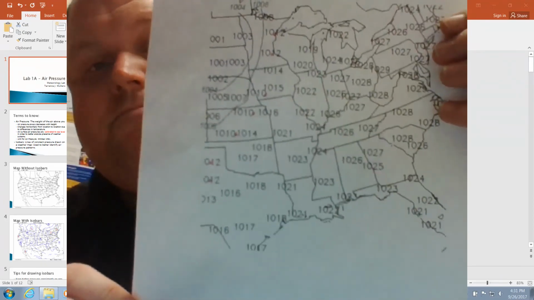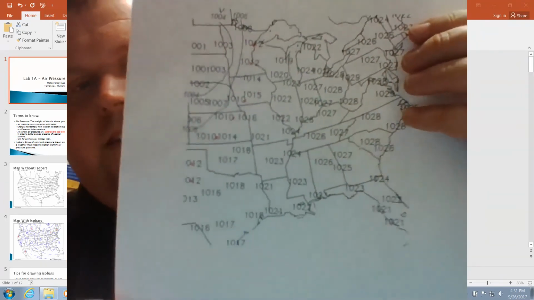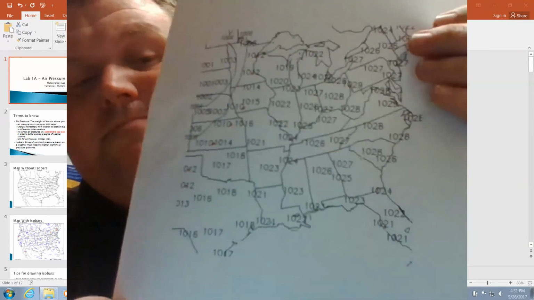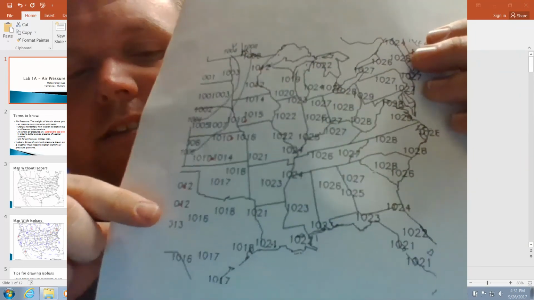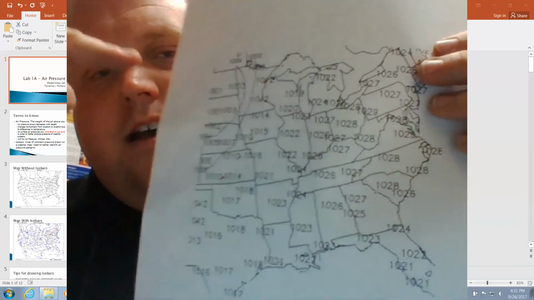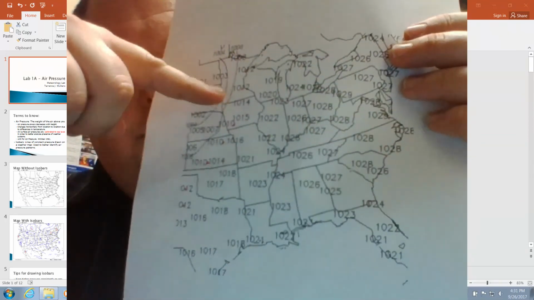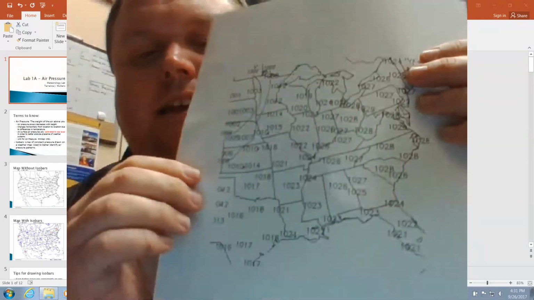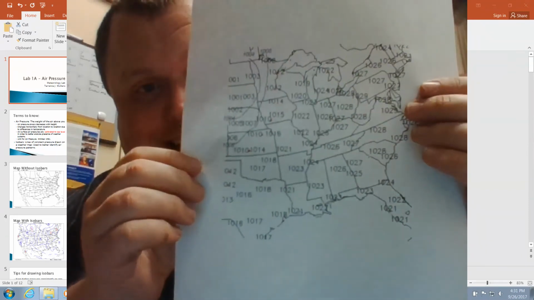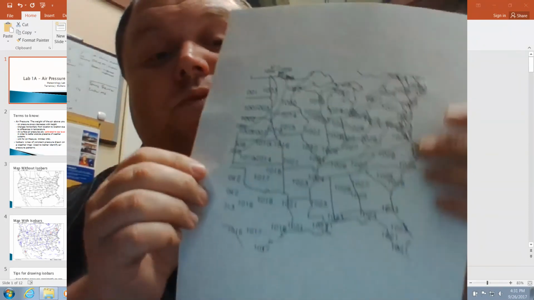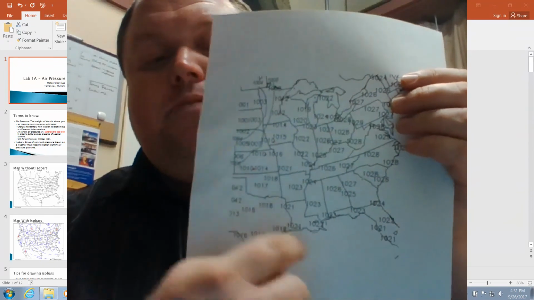Now, in some places, such as down here in the Texas Panhandle, up here in Minnesota, and so on, the pressure is 1012. Well, what you want to do is in those places, put a dot right in the middle.